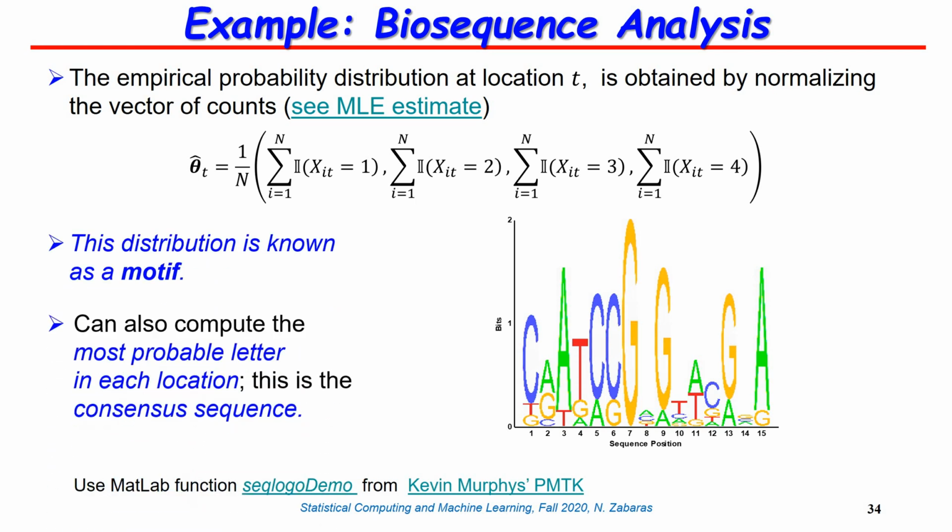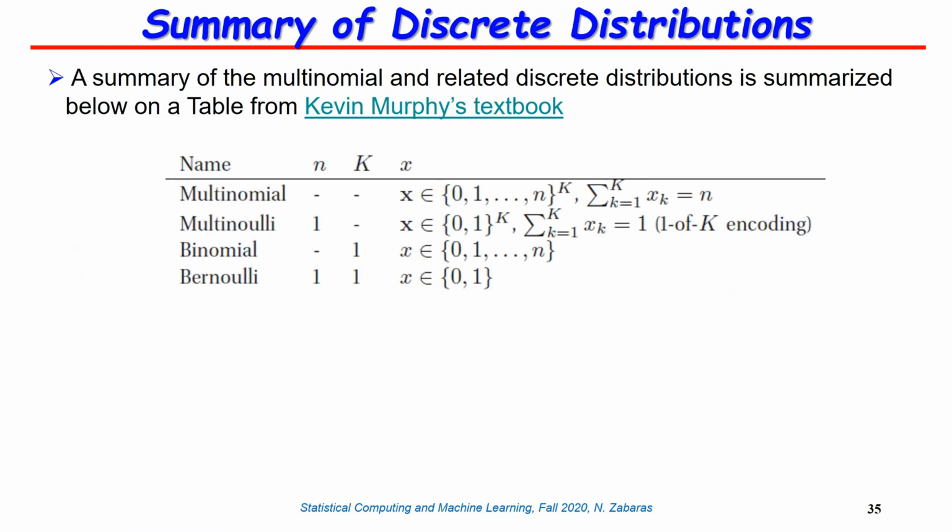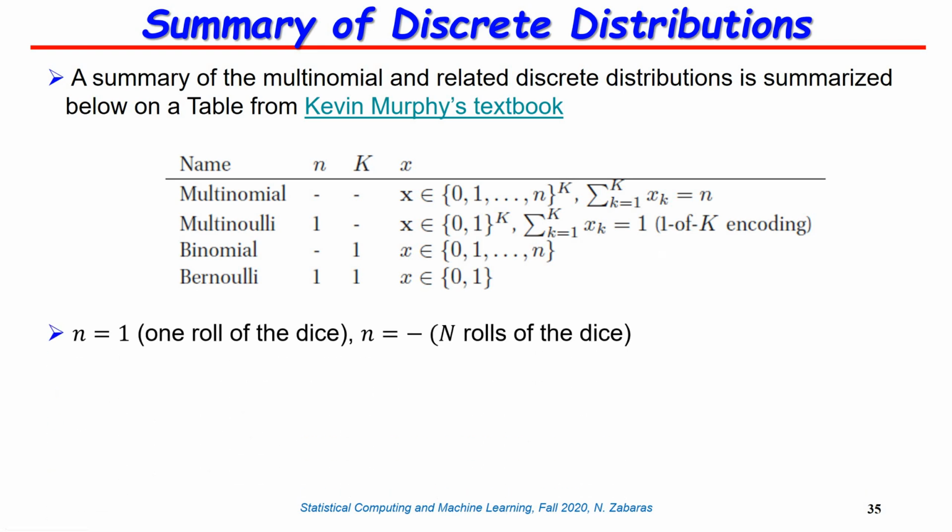Okay, let me summarize with a table coming from Kevin Murphy's book that takes us from the Bernoulli to the binomial, and then from the Multinoulli to the multinomial, just as an explanation of this table, and you can study it more on your own. If little n here is equal to 1, this is rolling the dice only once. If n comes with this little dot, this corresponds to what I referred to before, this capital N rolls of the dice that I had before.